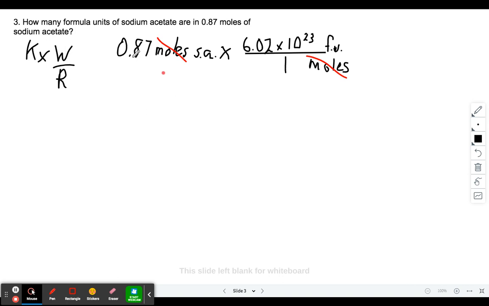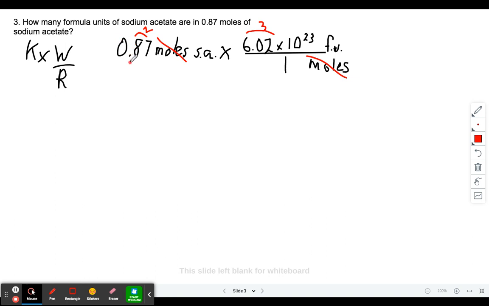But I need to look at my sig figures. Okay, so if I look at my number of moles, I've got 2 sig figures here. This one's got 2, but this one over here has got 3. What's less, 2 or 3? Well, 2 is less. Remember, these zeros in the back don't count. If it was a 0 in the front, it doesn't count. But if that 0 was in the back, then it would count. So my answer needs to be in 2 sig figures.